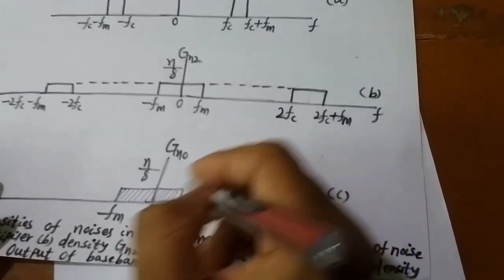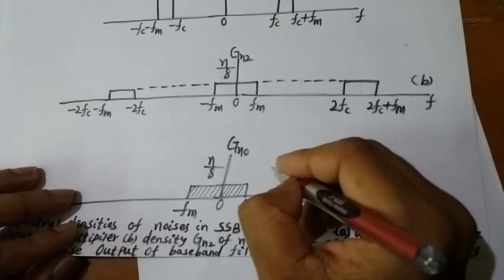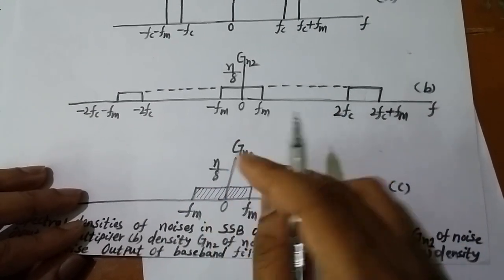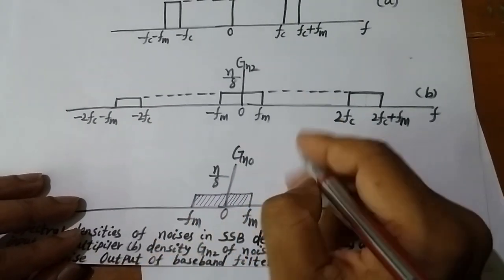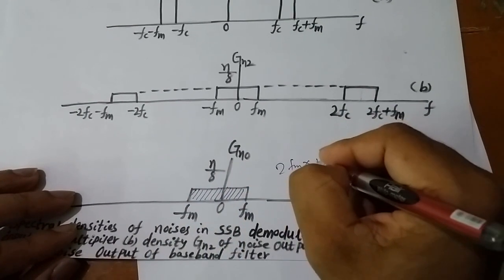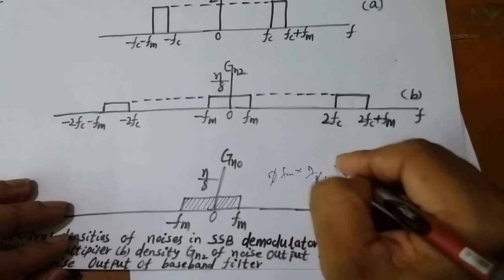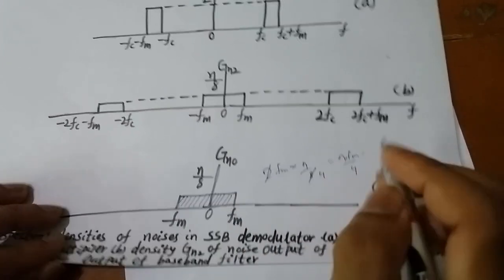Here this is a rectangle, so the area is length times height. The length is 2 fm, the height is eta by 8. If you multiply these two, this is eta fm by 4.